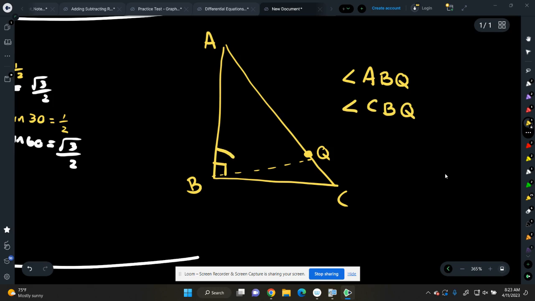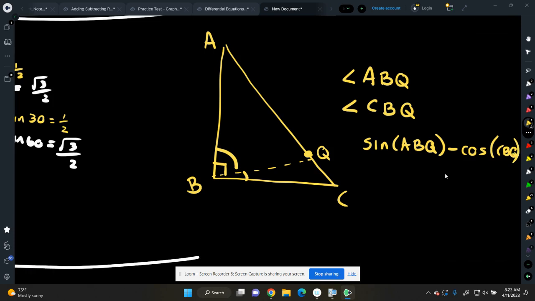So we're talking about this angle and this angle. And then they said, what is the sine of ABQ minus the cosine of CBQ? So we'll call this X and we'll call this Y. They said, what's the sine of X minus the cosine of Y?